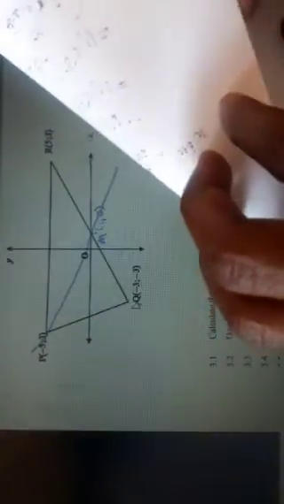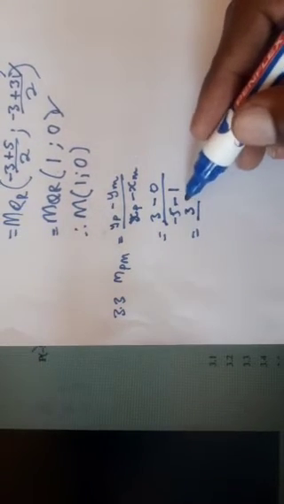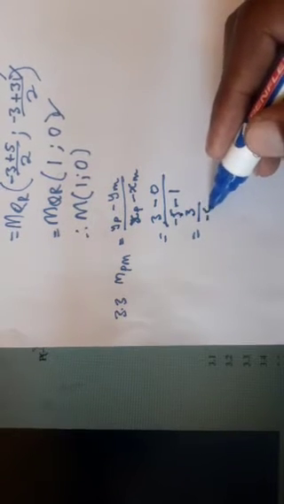Now before we calculate, as long as the line is sloping like this, if I go with the left hand, then it must have a negative gradient. So we must have a negative answer. On top is 3 over minus 5 minus 1, so it's minus 6.